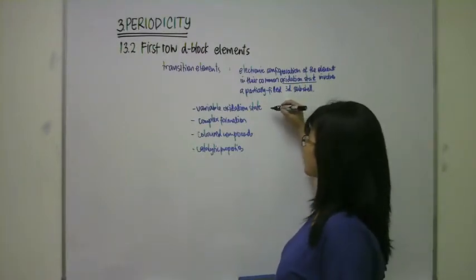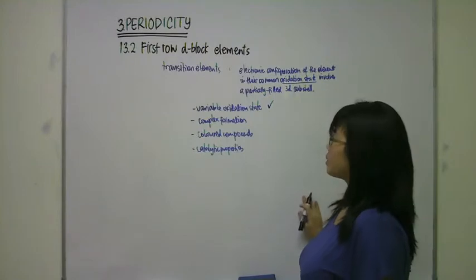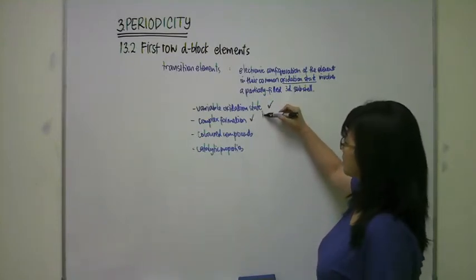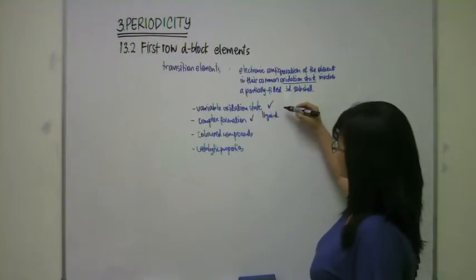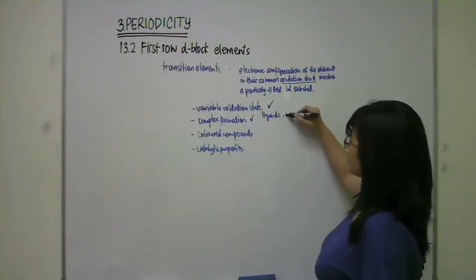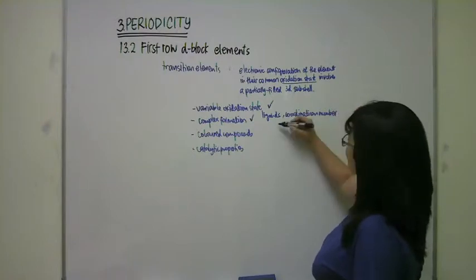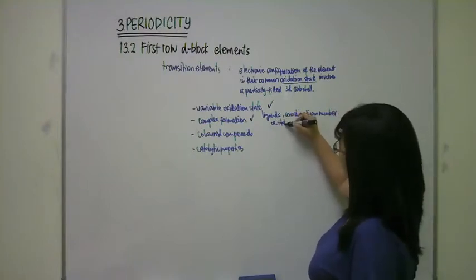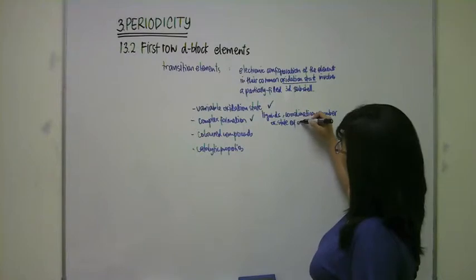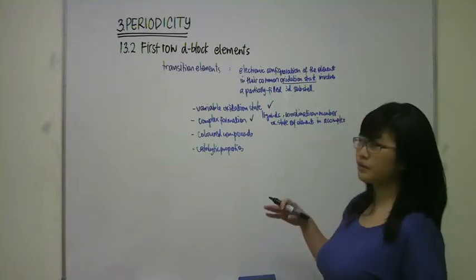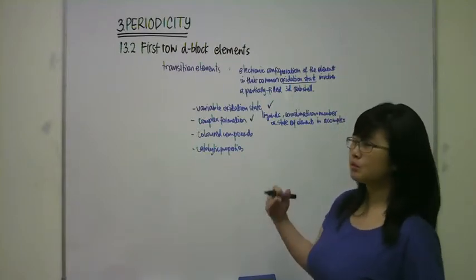So you need to be able to explain why there is a variable oxidation state, why it will form complexes, and then in the complex formation you need to talk about ligands, coordination number, and how to find the oxidation state of the element in a complex. So these are just some of the subtopics that you need to explain to them.